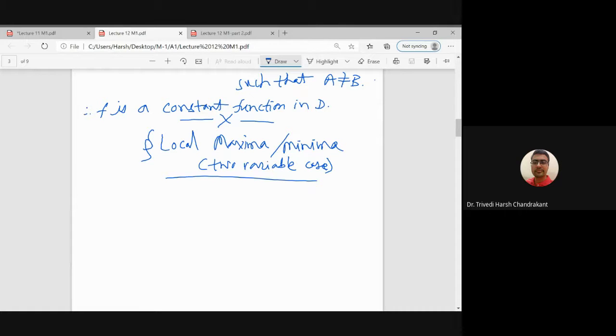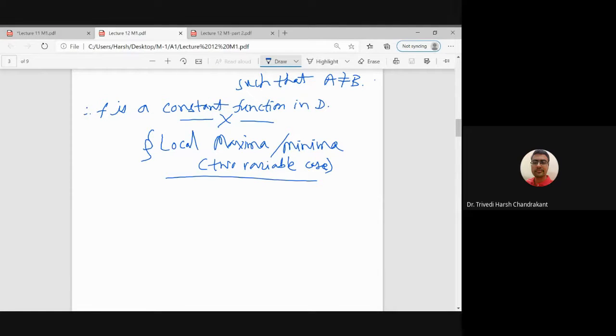So solution of all that equation, all x such that f dash x is 0 are the critical points, and then we have a second derivative test that will give us whether f at the given point is either local maxima or minima.